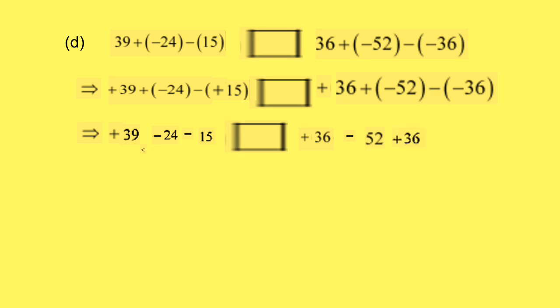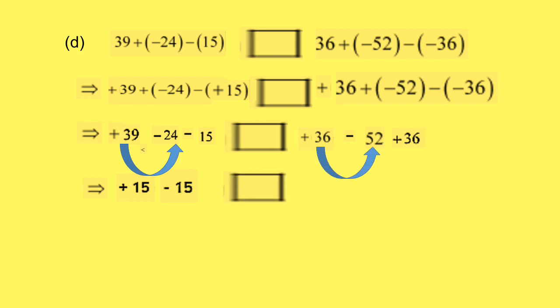Now I am going to solve the first two integers like this, different sign. So I will subtract 24 from 39. I got plus 15, then minus 15, blank. I'll take these two integers. So I got minus 16 plus 36. Here plus 15 minus 15, 0, blank.